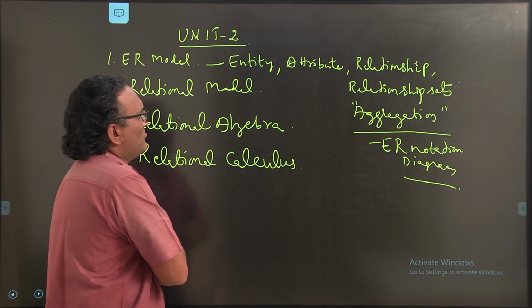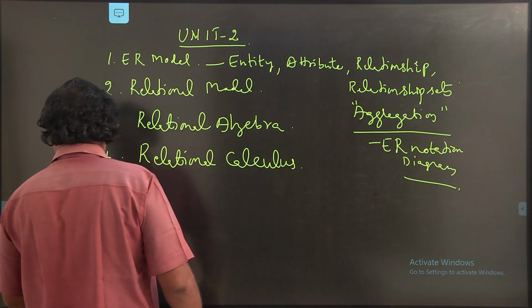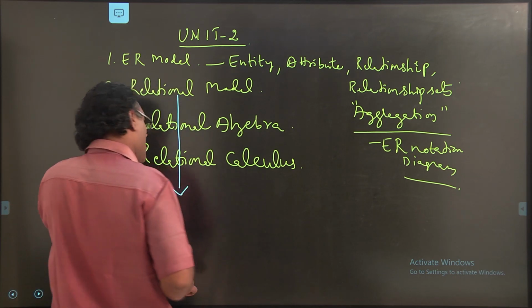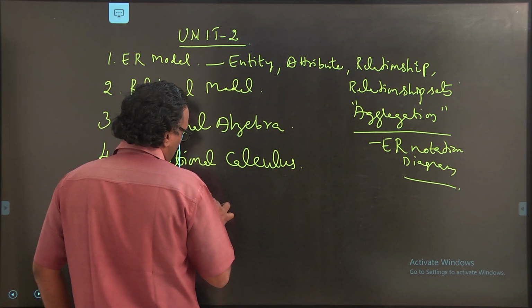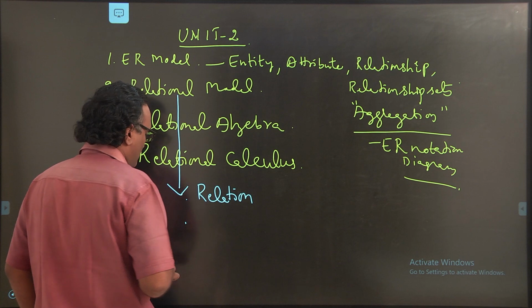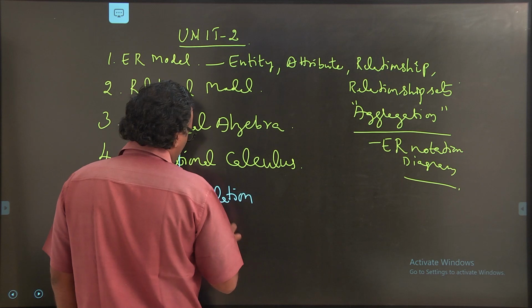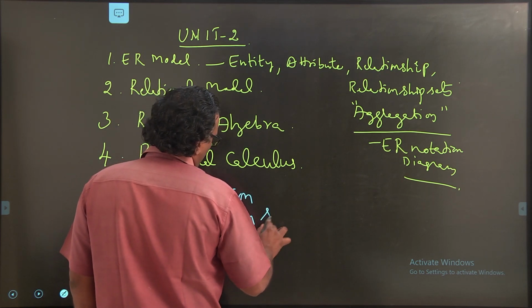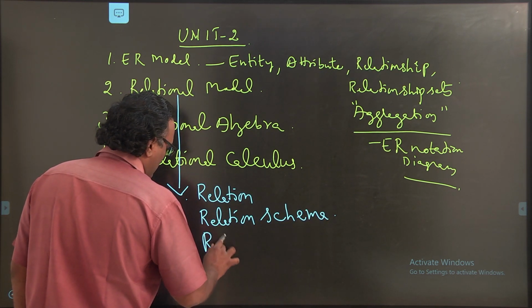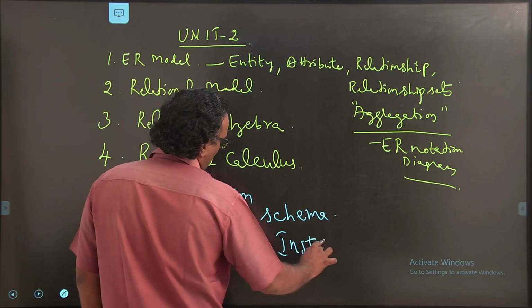Now, we also started the relational model, and what we discussed in the relational model so far is what a relation is. We also discussed that a relation is nothing but a table. We also discussed relation schema and relation instance, and we also discussed the domain.